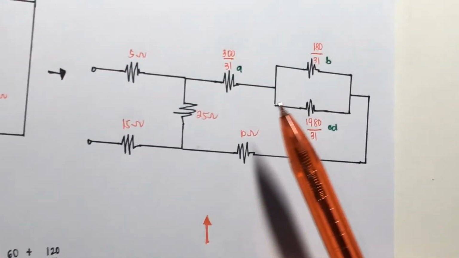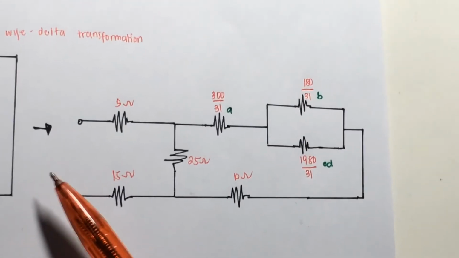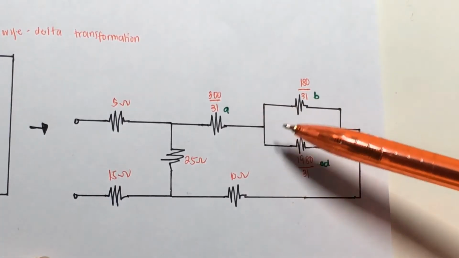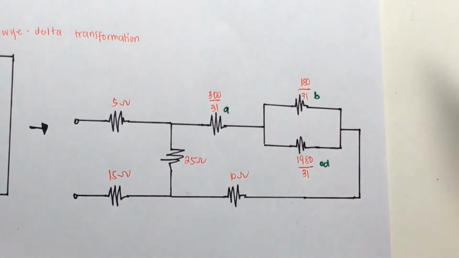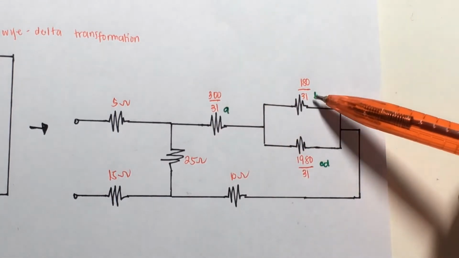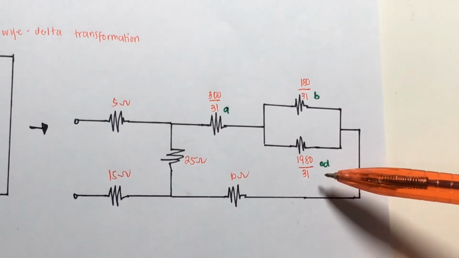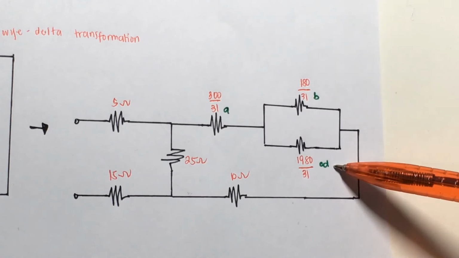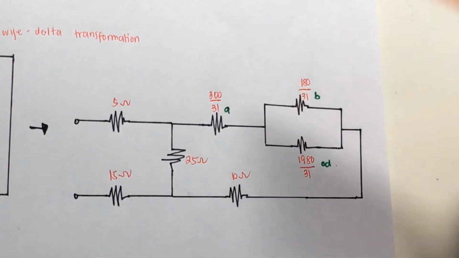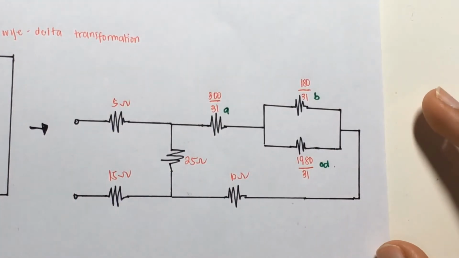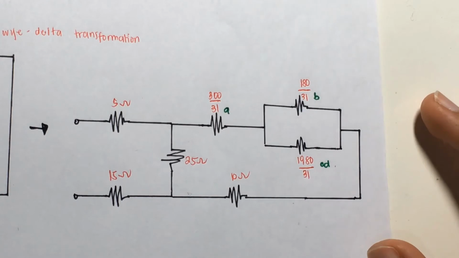We already have all the resistors, so we will redraw it, and we came up like this. This is the value of resistor A, B, and the one that we combined earlier, which is C and D. So in this part, we can simply combine the parallel and the series.